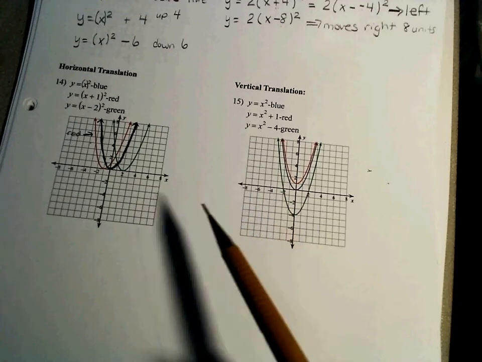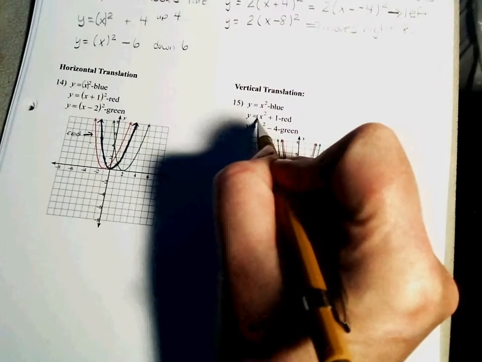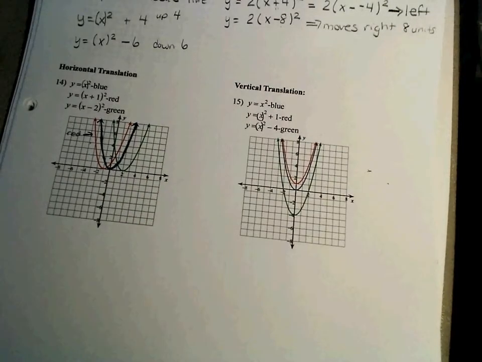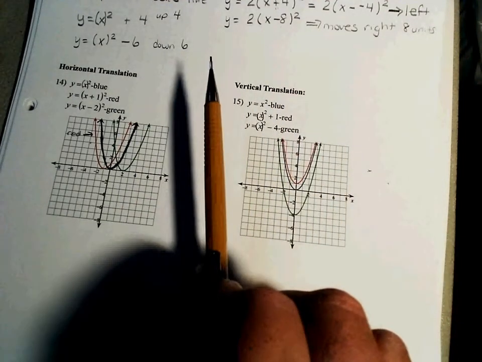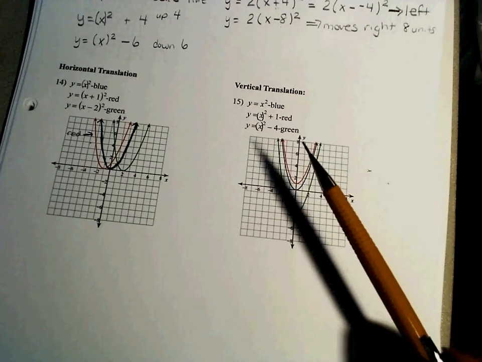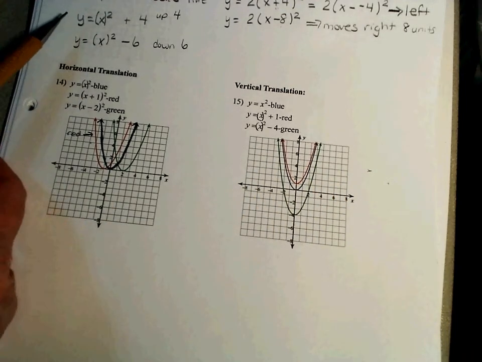Now let's look at, those are horizontal. Let's look at vertical. Notice there's not any parentheses. You have to know that they're understood to be there around the X. Nothing inside the parentheses, so it doesn't move left or right. But there are numbers outside which move it up or down.